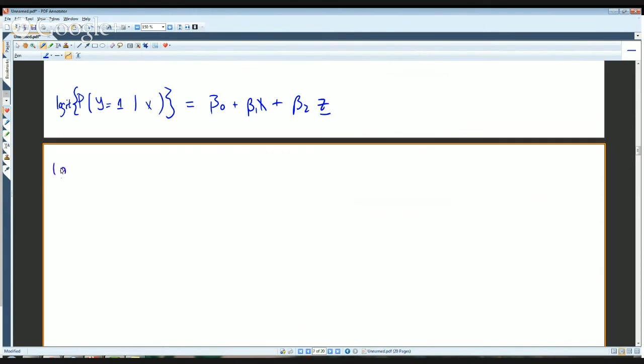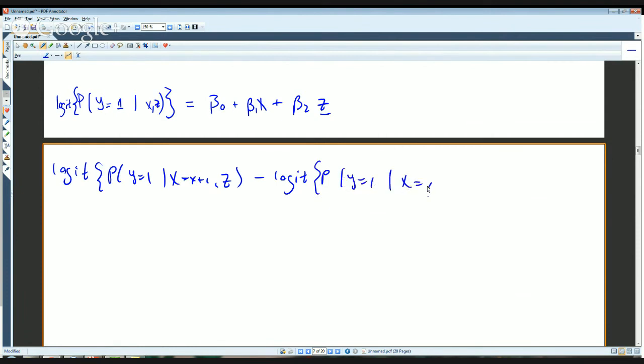So if I do logit, given x and z: the logit of the probability y equals 1 given x equals x plus 1 and z held constant, minus the logit of the probability y equals 1 given x equals x, holding z constant. So z is the same from this one to this one. You'll find if you plug into this that this is still equal to beta 1.